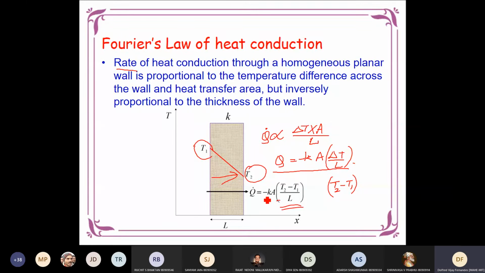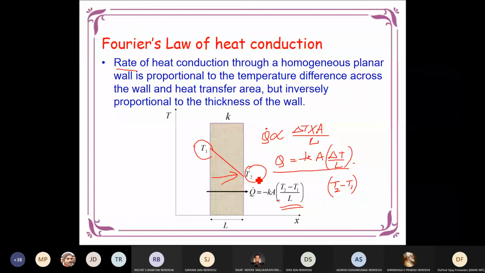Don't simply say that the Fourier law of heat transfer is Q equals minus KA dT by dx. You have to explain that the negative sign is because of the temperature gradient. Heat transfer takes place in the opposite direction of the gradient. So what is the meaning of gradient? Slope.